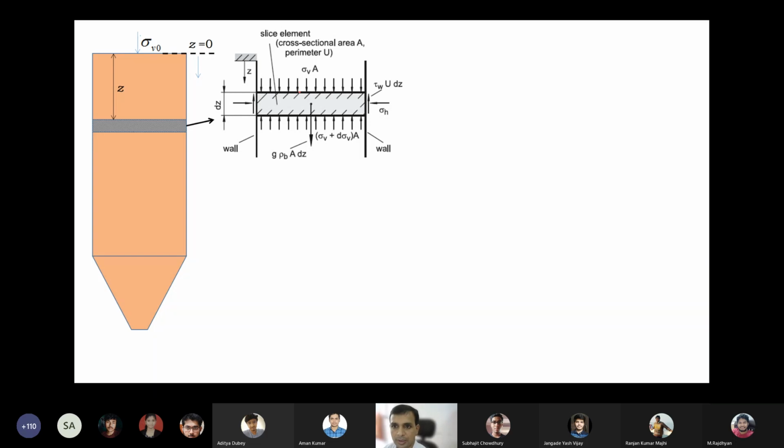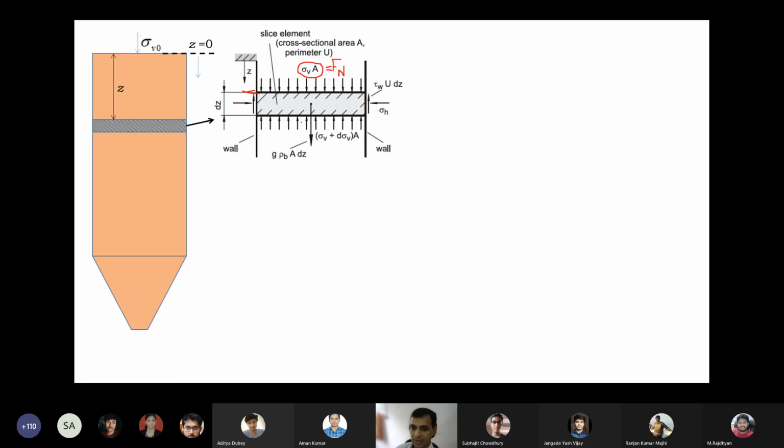So this is a small element, and at Z the force acting is the normal force, which equals normal stress into area. Since we want to derive the stress profile, I have expressed it in terms of stress into area.